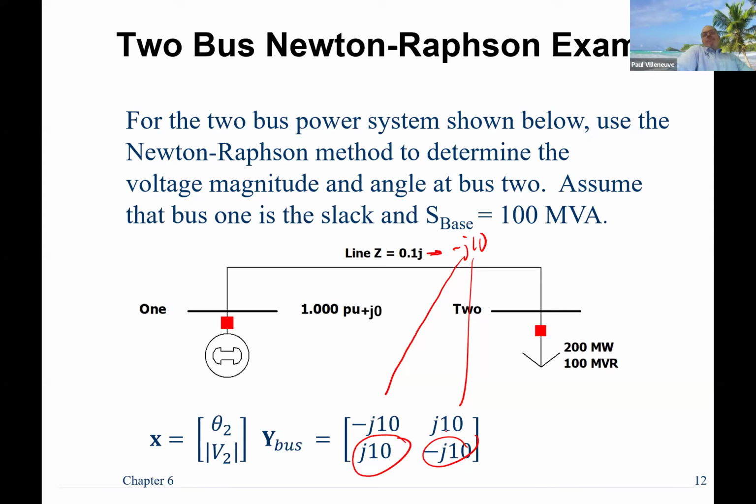Why is it a slack? Oh, no, it's not a slack. I think it's a gen. No, wait. Load, because it's MW and MVAR. He went through all 3, right? One of them has got to be right. I think it's load, because it's P and Q. Who thinks it's a load? Bus 1.